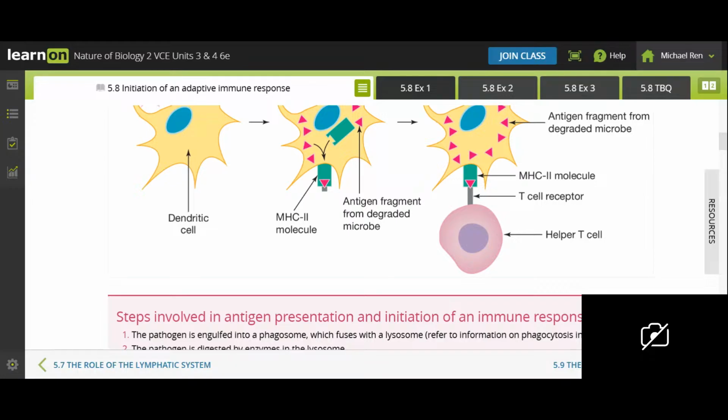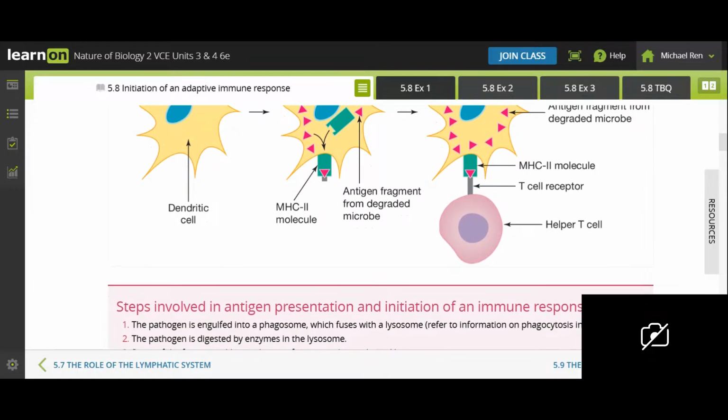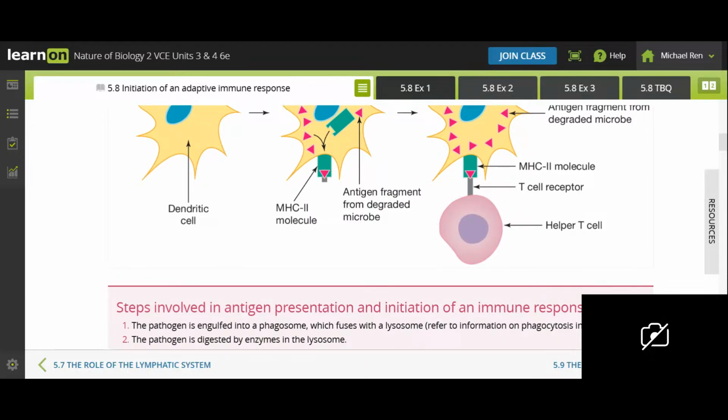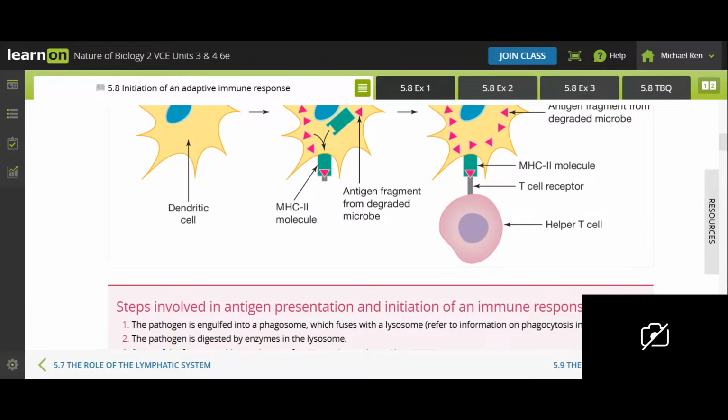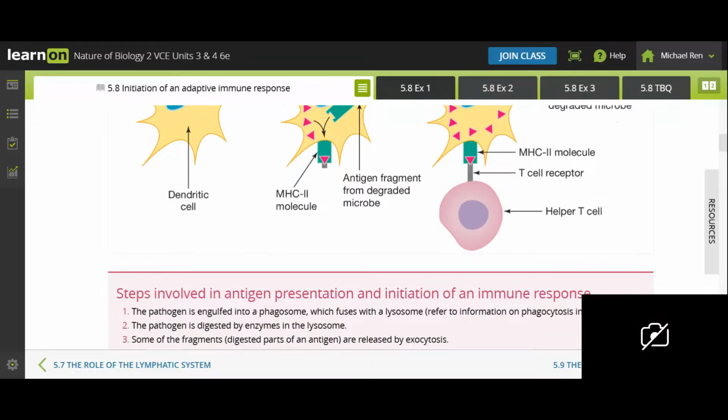The APC travels to the lymph nodes and searches for a naive helper T cell, or Th cell, with a T cell receptor complementary to the antigen. The Th cell binds to it and is activated, and it undergoes clonal expansion.